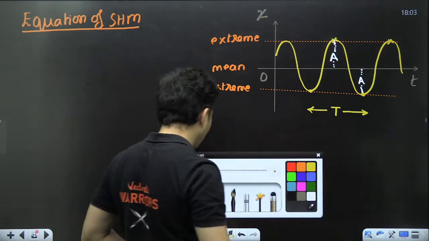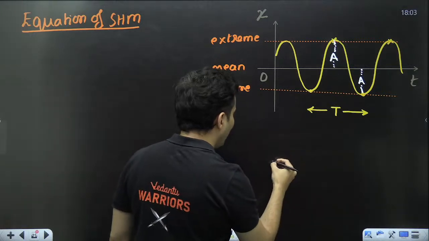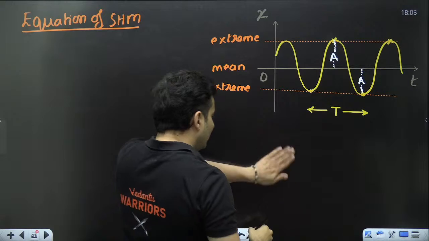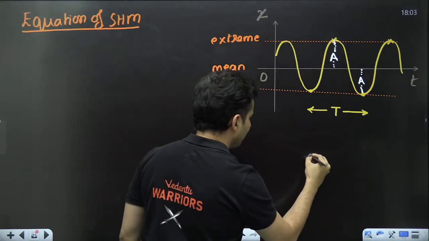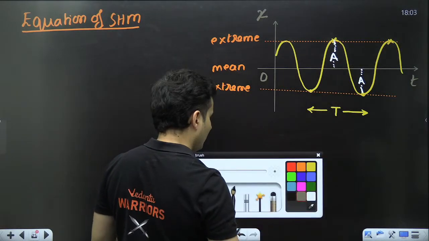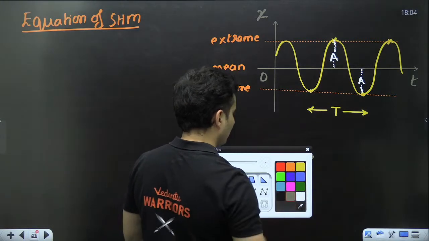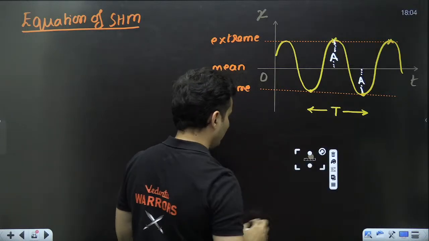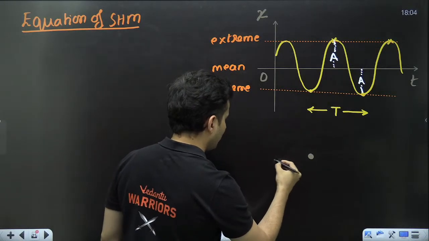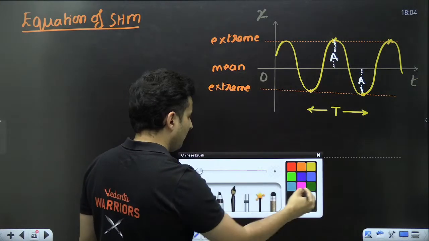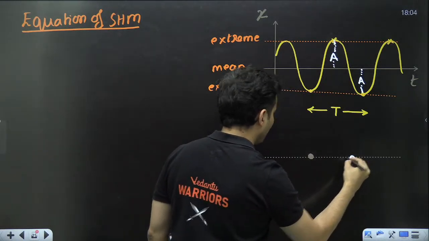This graph is telling us you have a particle, and it is moving back and forth. This is your x-axis. The particle could right now be over here.